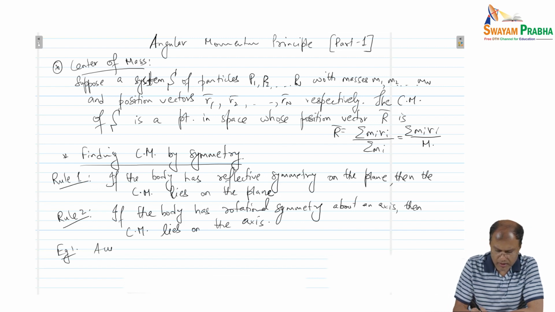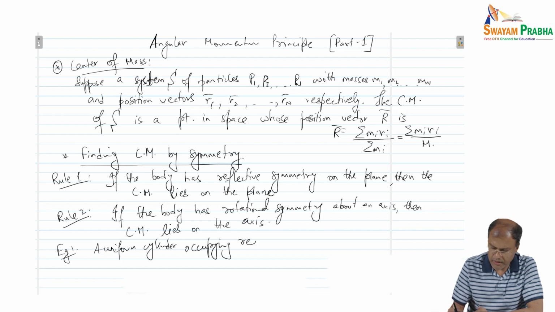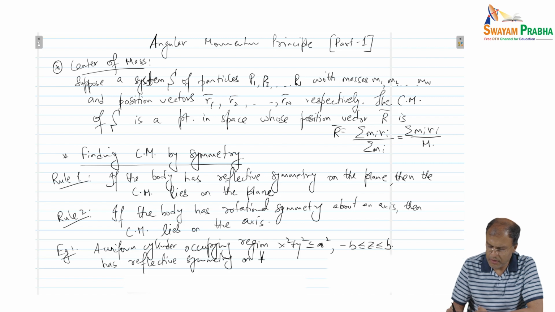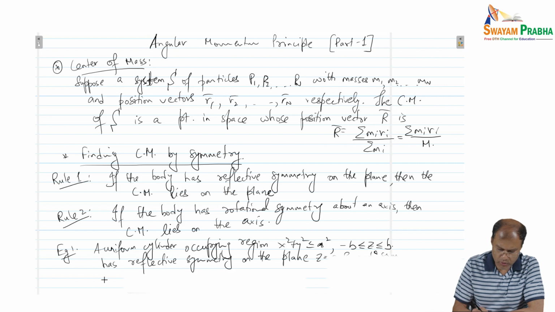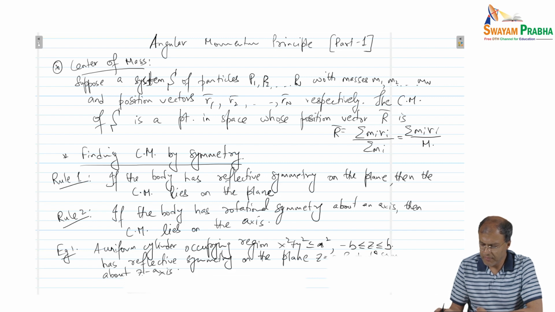So a uniform cylinder occupying the region x square plus y square is less than or equal to a square and minus b less than or equal to z less than or equal to b, right, has reflective symmetry on the plane z is equal to 0 and a rotational symmetry about the z axis.